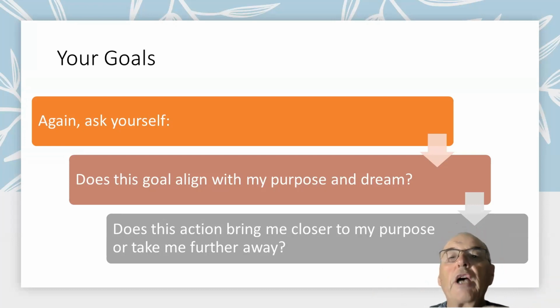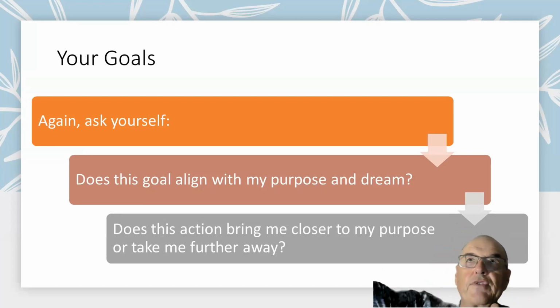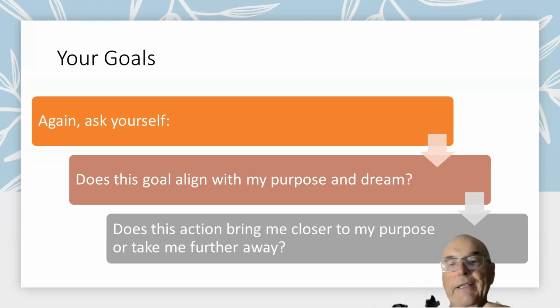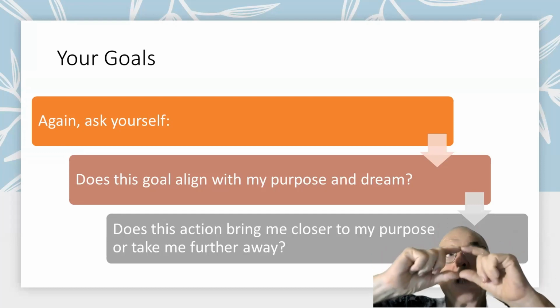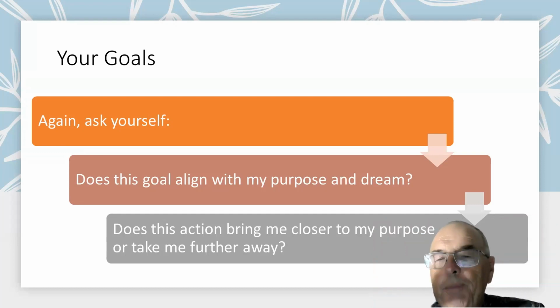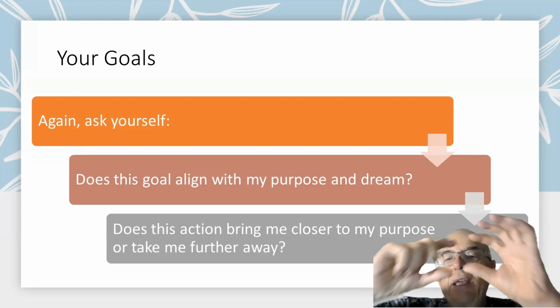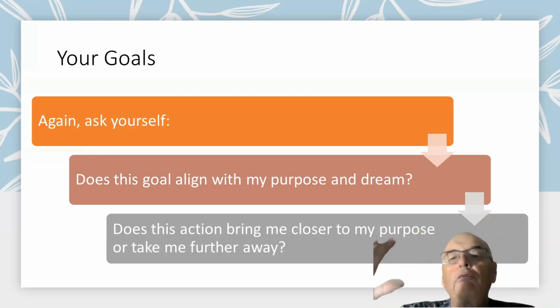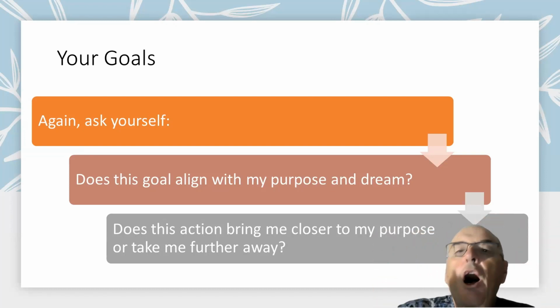Remember, in the last video we talked about how the dream is your guiding light. It's pulling you forward. It's your motivator to keep going. Your purpose is what you're working to achieve right now. This is your reason for being, your unique reason for being here on the planet right now.